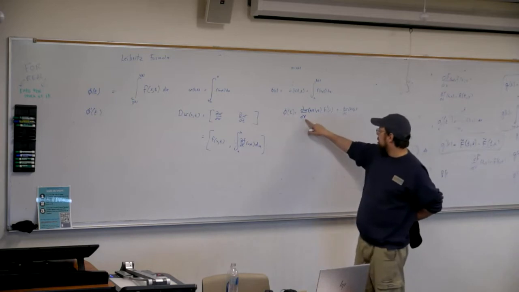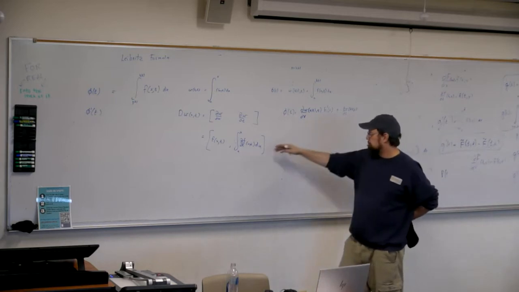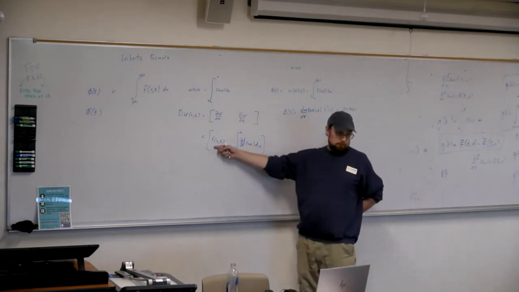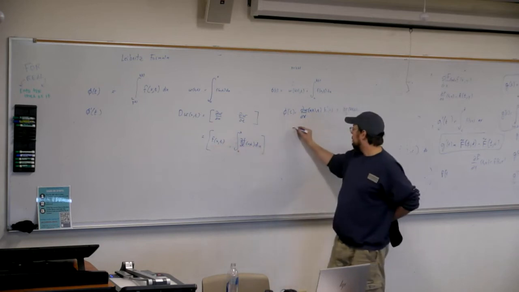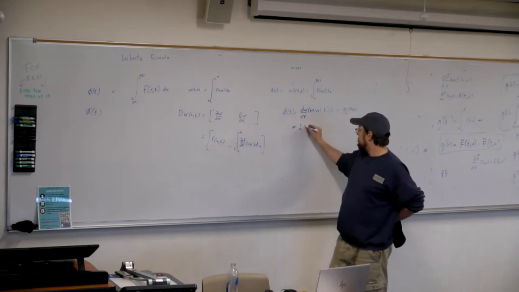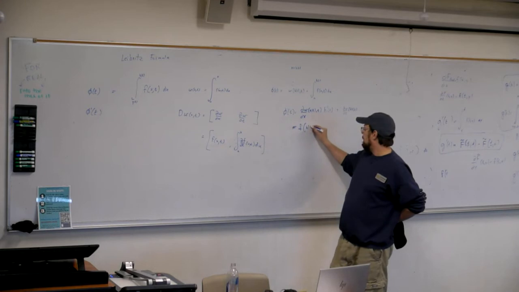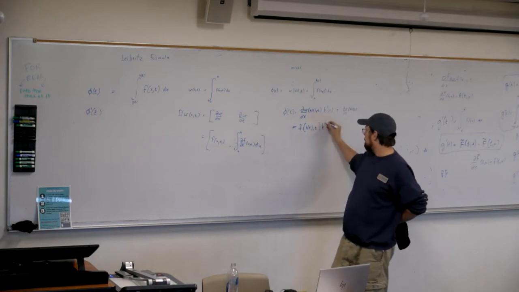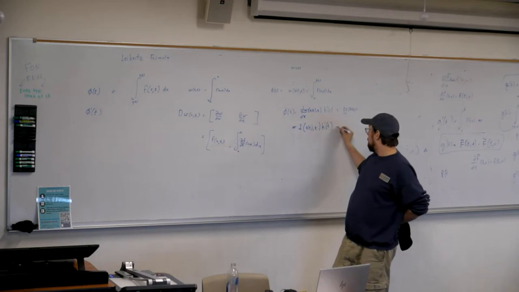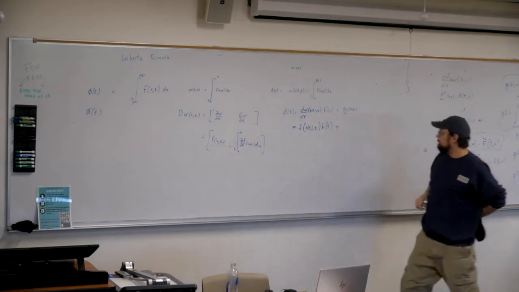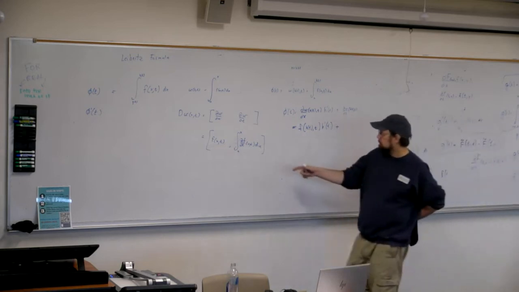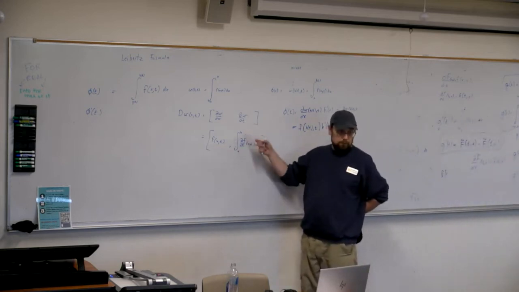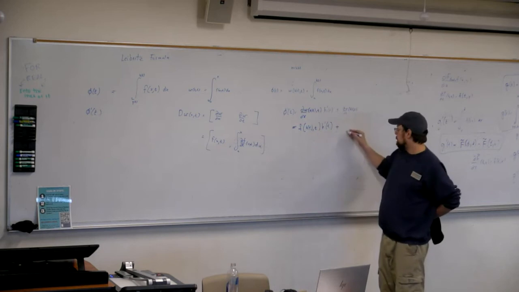So what is the derivative of omega with respect to x? It's just the original function, but at the upper bound, right? Times h prime. Plus, what is the derivative of omega with respect to t? Well, it's just this integral.